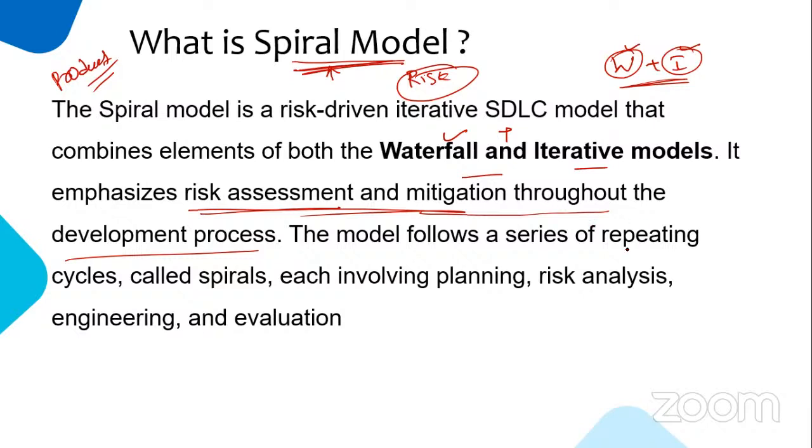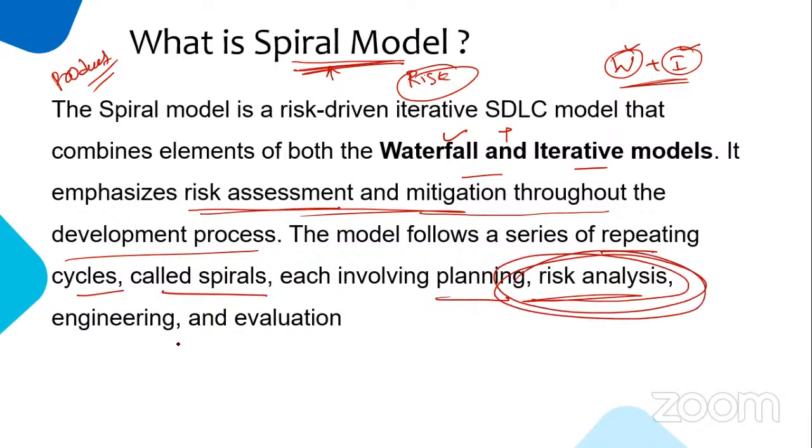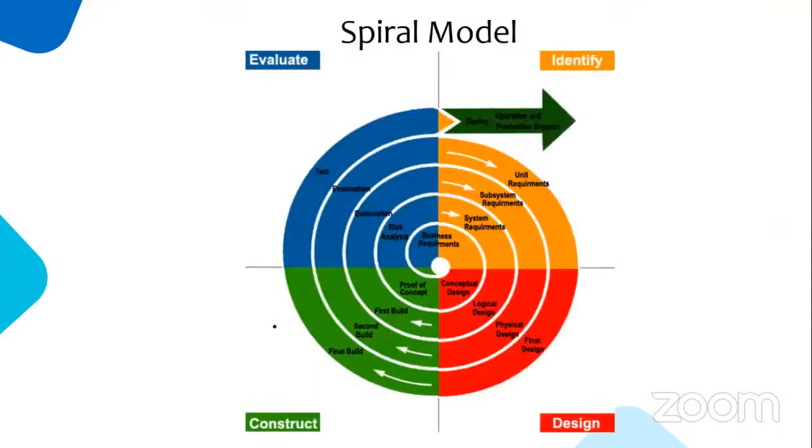It follows a series of repeating cycles, each involving planning, risk analysis, engineering and evaluation, nothing but development and testing. See, it's like a spiral. So what exactly happens is, first they will start with the requirement analysis.